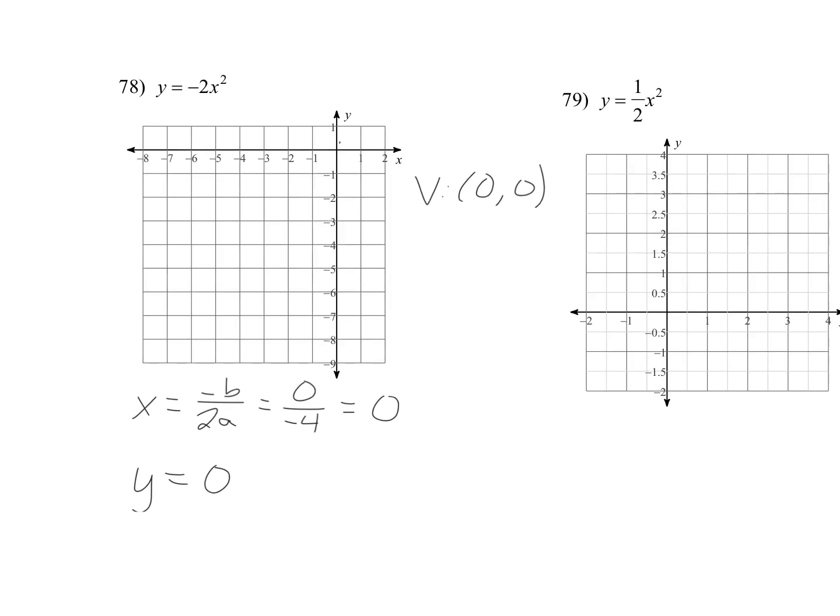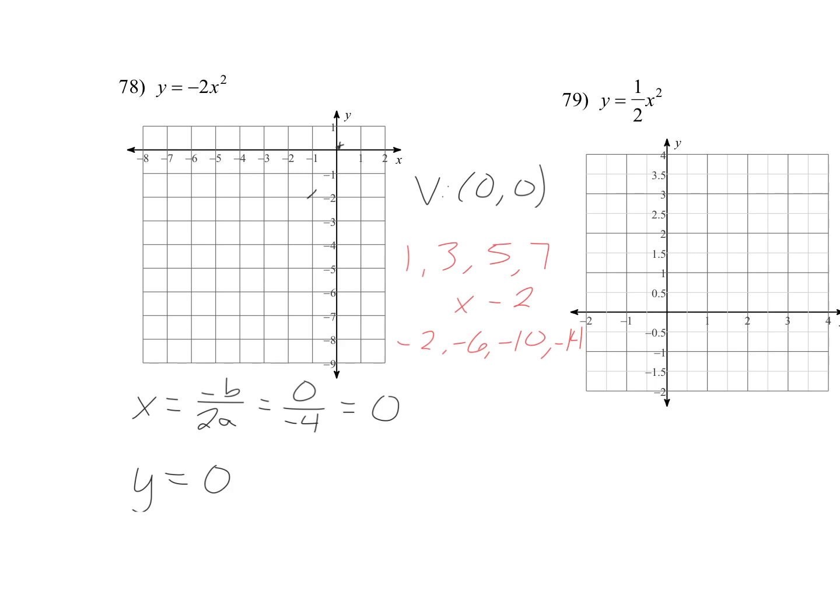So I'm at the origin. How do I find the rest of them? Same way, right? You still use that step pattern, 1, 3, 5, 7. Is it going to change? By how much? Negative 2. So we have negative 2, negative 6, negative 10, and negative 14. So is our picture going to go up or down?